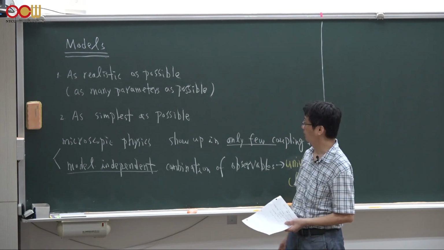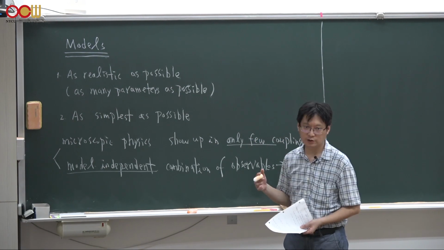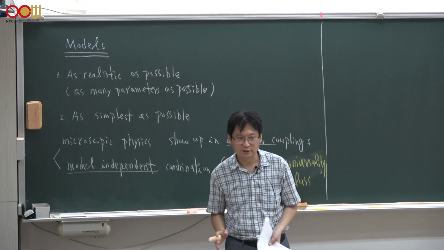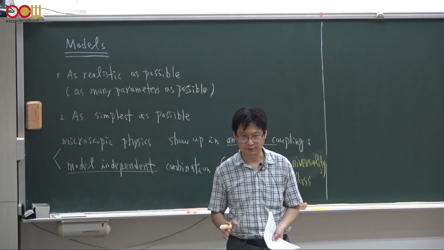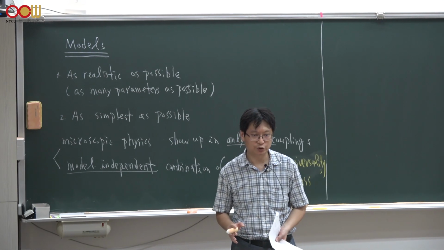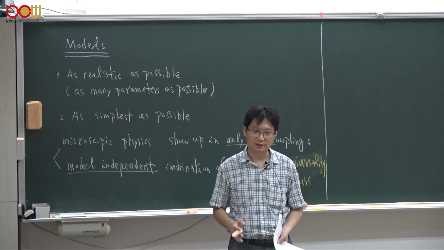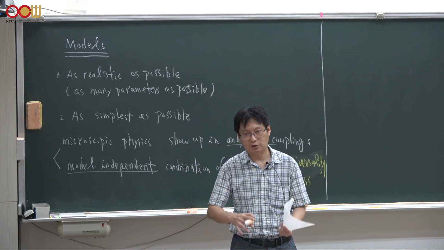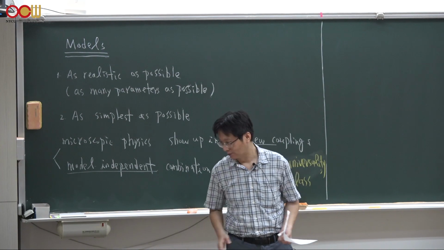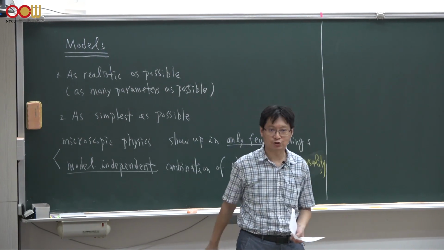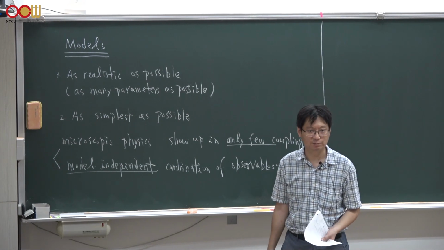So that's one way, but this approach has a serious drawback. Number one is that there are so many coupling constants or parameters in these real materials that we don't know the key ingredients.